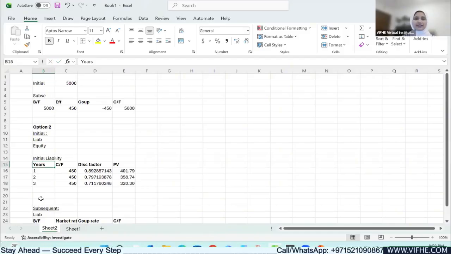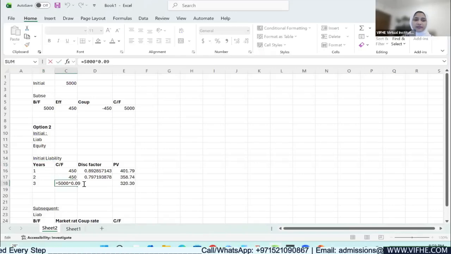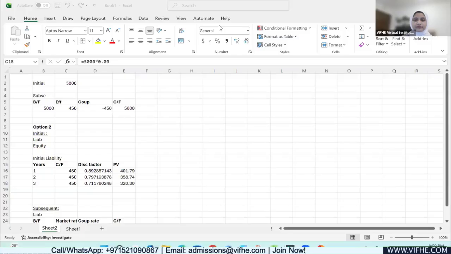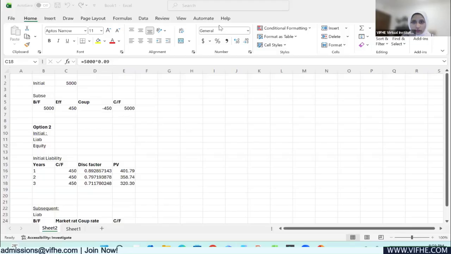If it is mandatorily going to be converted into equity shares, is my third year cash flow 5 million? Am I paying 5 million? Am I actually making a redemption of 5 million? Am I ever going to pay 5 million? No. So that's not my cash flow, and I should not be taking it.